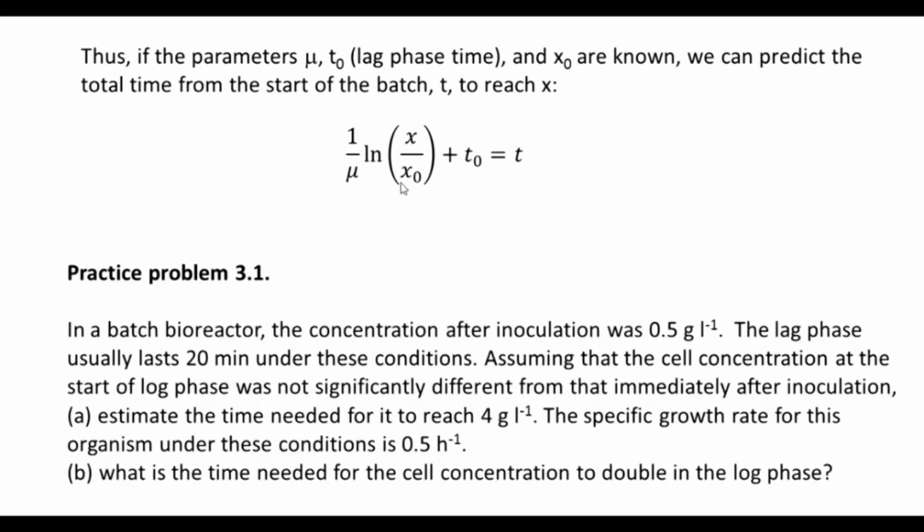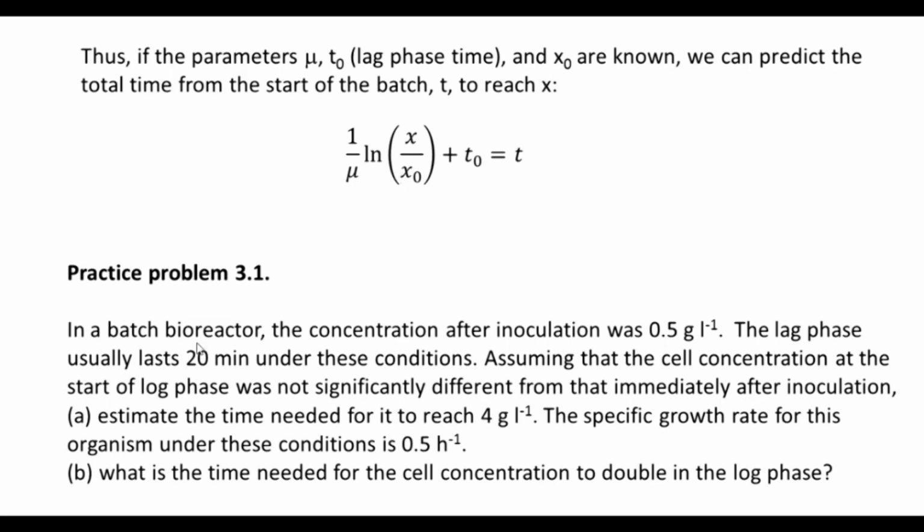Having said this, let me assign this problem here. We will continue and do a little bit more in this lecture itself for completeness, but I'd like you to work this out at the end of this lecture to get some practice in batch bioreactor analysis.